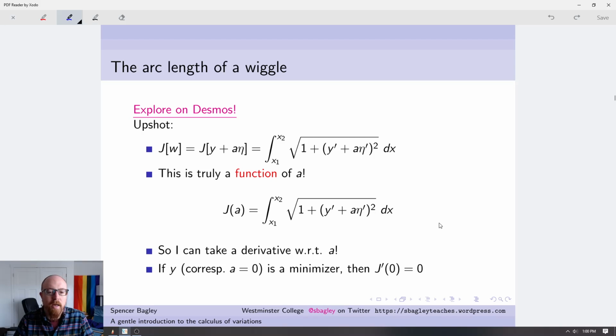And if that's true, then I can take a derivative with respect to a. And what's more, if my original function is a minimizer, the one that corresponds to a equals 0, then J prime at 0 ought to be 0. And so I feel like that's a technical handle that I can use to calculate anything in this weird situation.